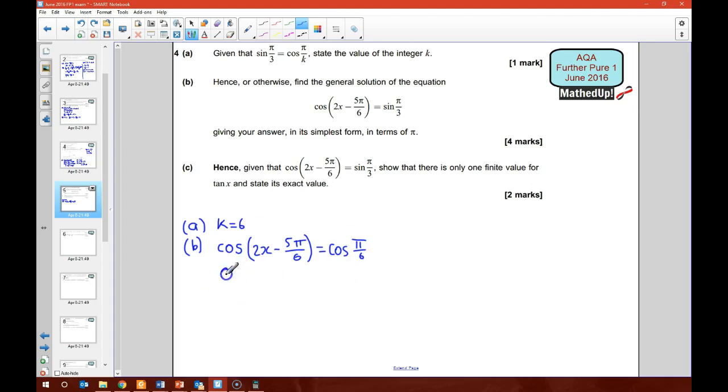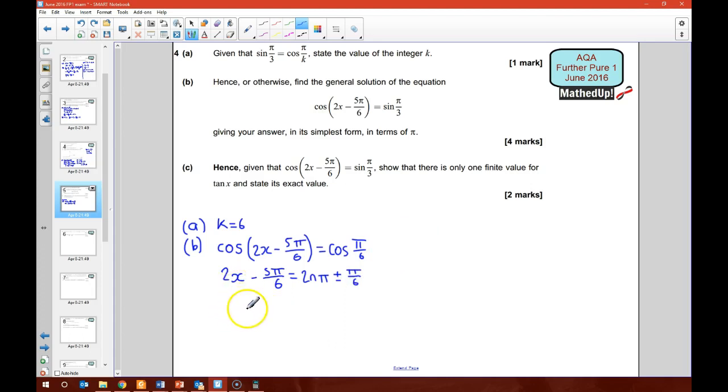So that tells me that 2x take away 5 pi over 6 must be equal to 2n pi plus or minus pi over 6.